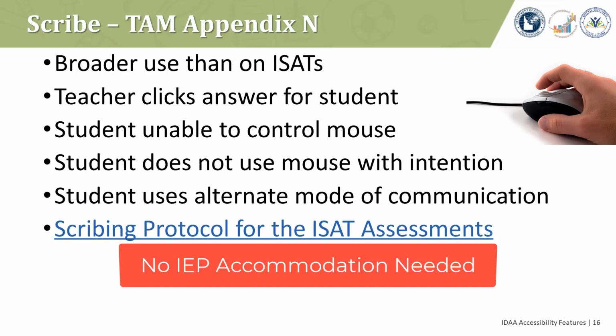I already showed you where to locate this document on the ISAT portal. We know that the Idaho Alternate Assessment is not the ISAT, but many of the guidelines described in this document are applicable to serving as a scribe on the Idaho Alternate Assessment. Be sure to coordinate with your test coordinator to be sure you are prepared to serve as a scribe for your students.